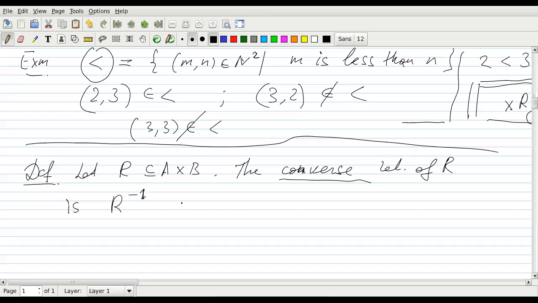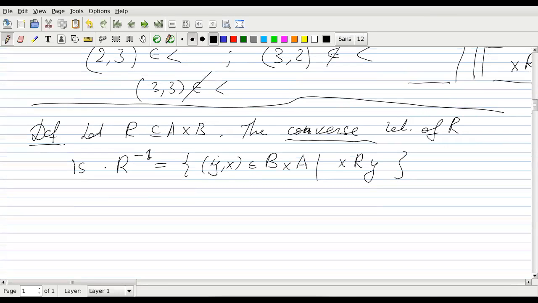The converse of R is just the set of all pairs (y, x), where y comes from B and x comes from A, such that, well, someone who has a good intuition, what do they mean by this? The pair (x, y) is an element of R, of course.